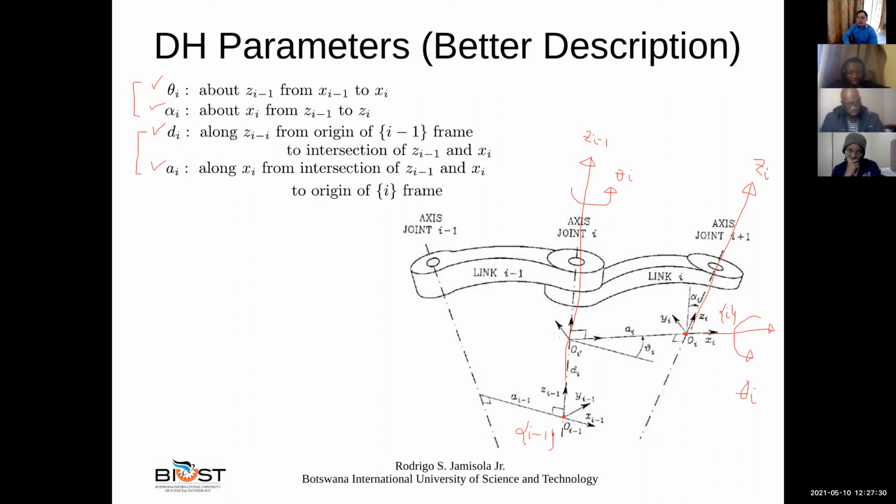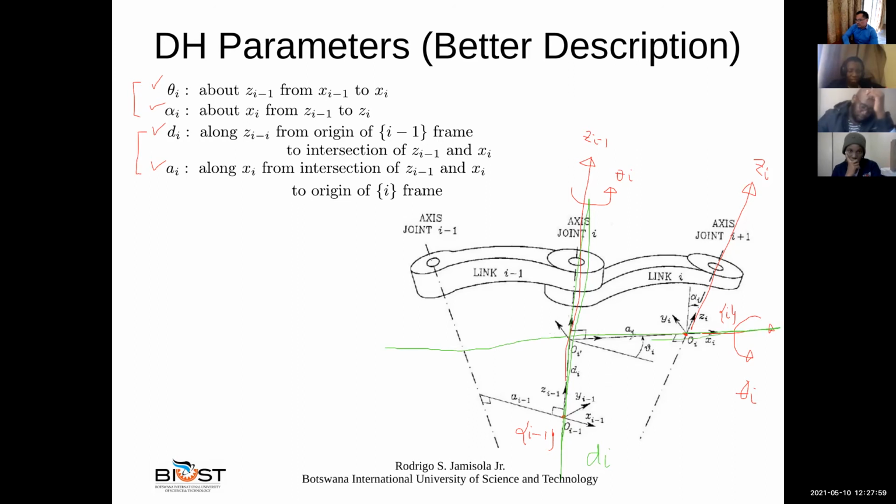Now, distance along zi minus 1. This is the distance along zi minus 1, and so there is a distance along this axis where your di is defined. And then another distance along xi.